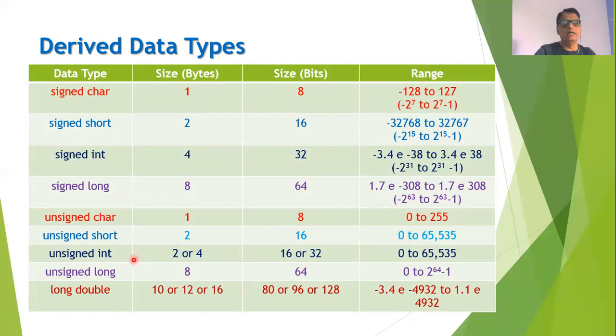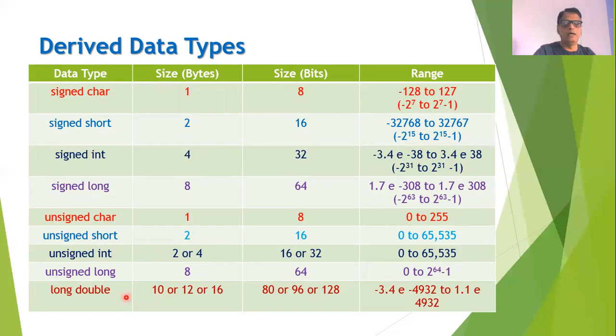In case of unsigned integer, again, the size remains the same, either 2 or 4 bytes, and correspondingly, you will find that the range will also get enhanced. In case of unsigned long, the size will be 8 bytes or 64 bits, and the range will be much higher, that is from 0 to 2 raised to 64 minus 1.